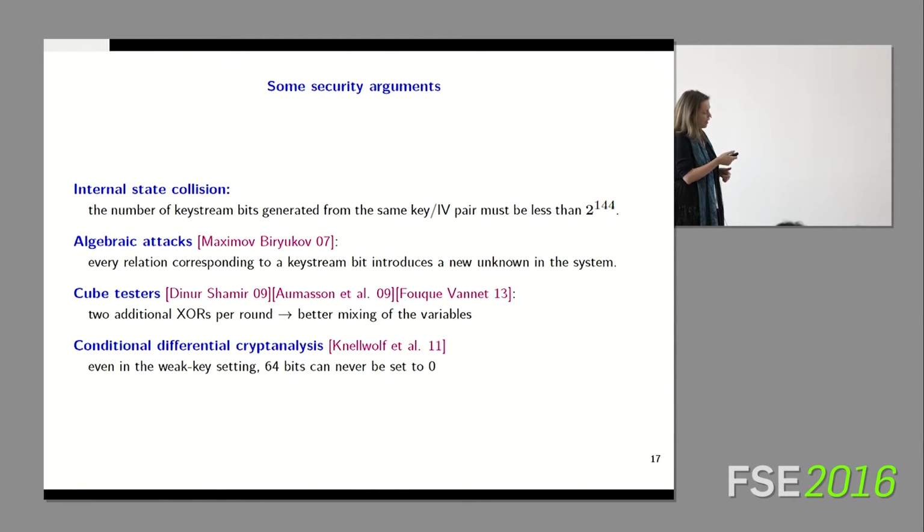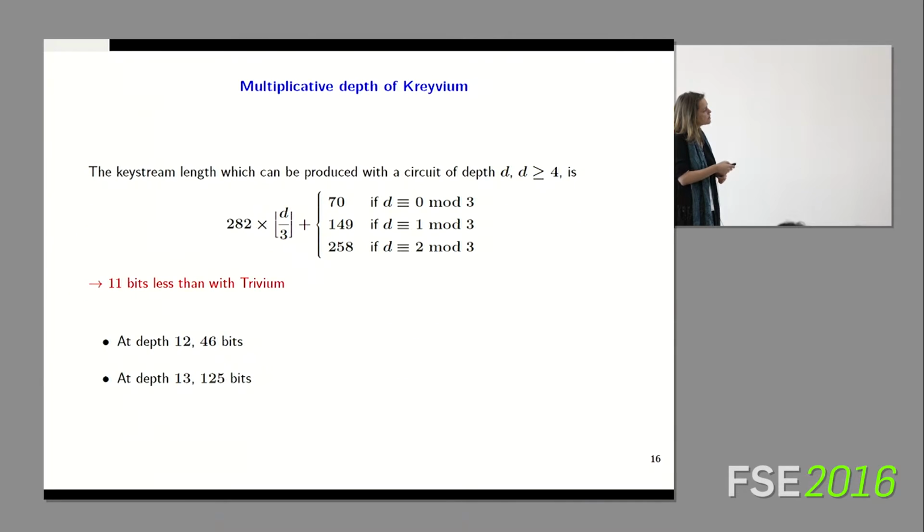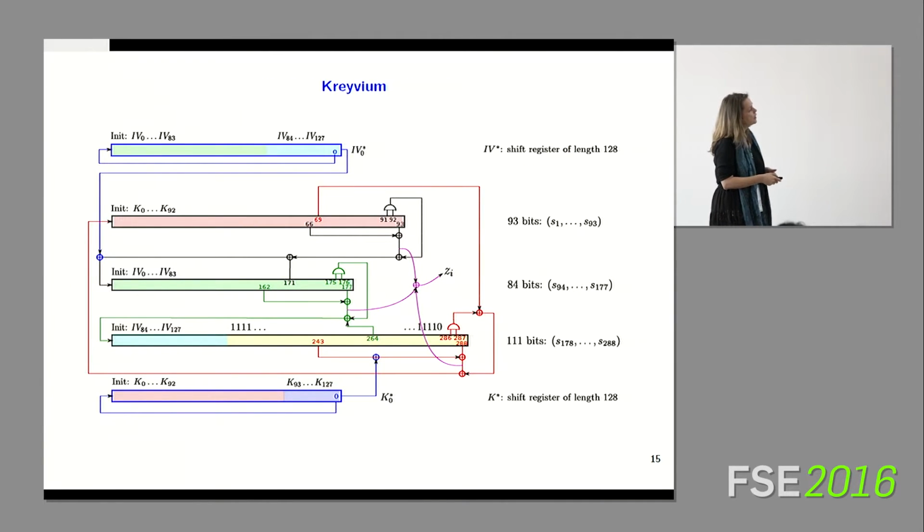And also, something which is quite interesting, I didn't show it, but here you can see that the key bit coming from the key register here is XORed to the bit which produces the keystream bit.